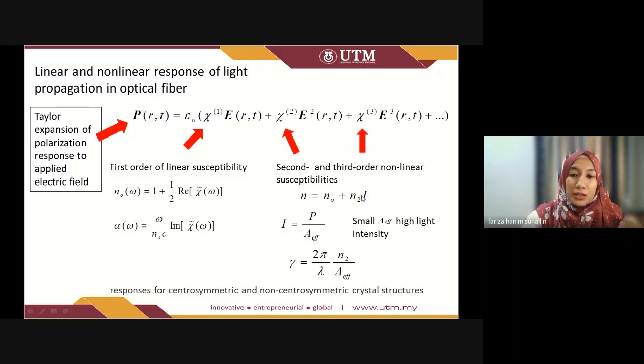The Kerr nonlinear index n2 is really related to the material that you use, it's material dependent. And of course, the intensity of light is proportional to the power of light that you're injecting, the average power of it, and also the effective area of the core. The smaller the effective core, the tighter the confinement, the higher the intensity of light, and more nonlinearity can be obtained.